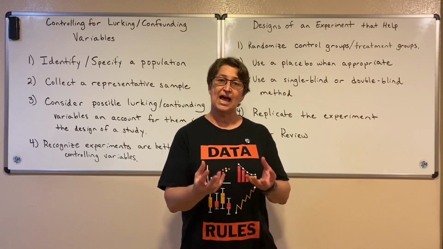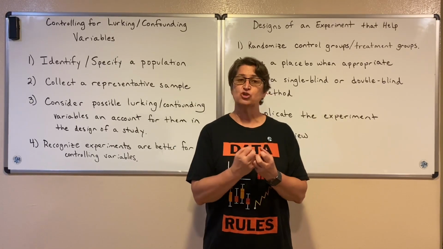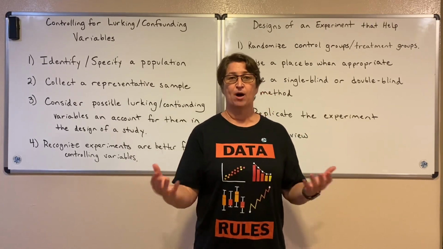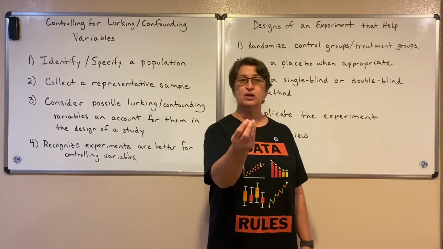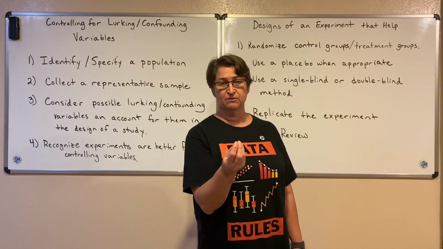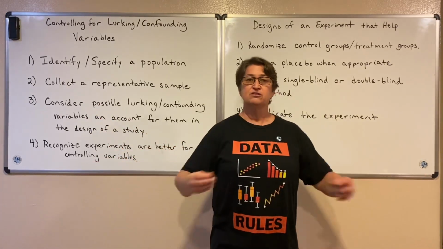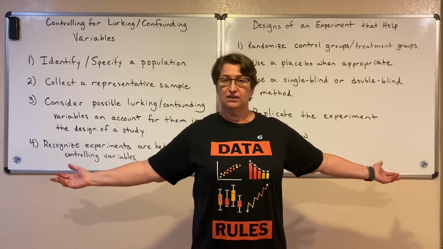Then when we collect our data, when we collect our sample, we need to make sure that our sample is representative of that population. In other words, if we collect data from Temple College students, but our population was the United States, Temple College students don't represent the whole United States.